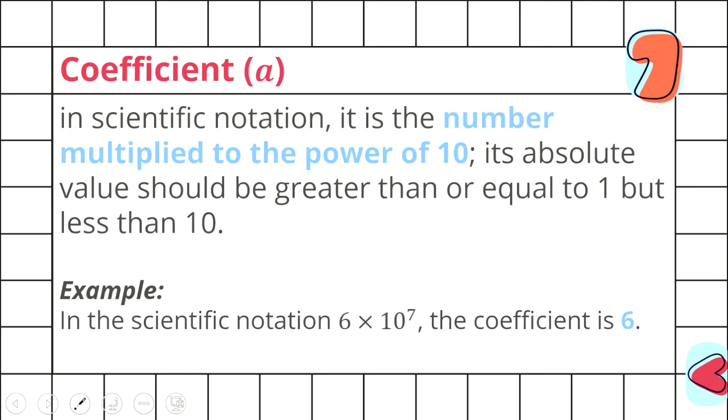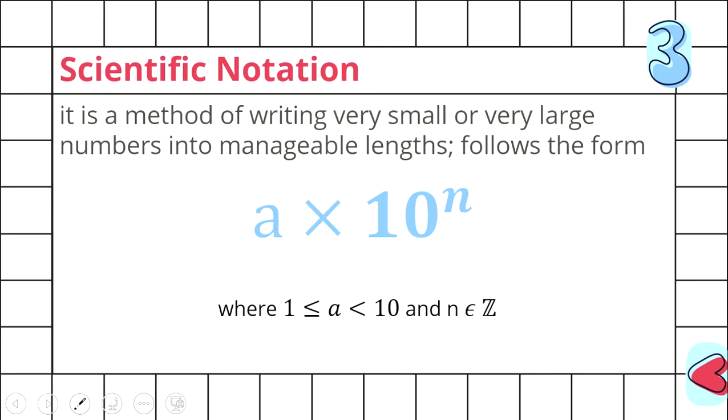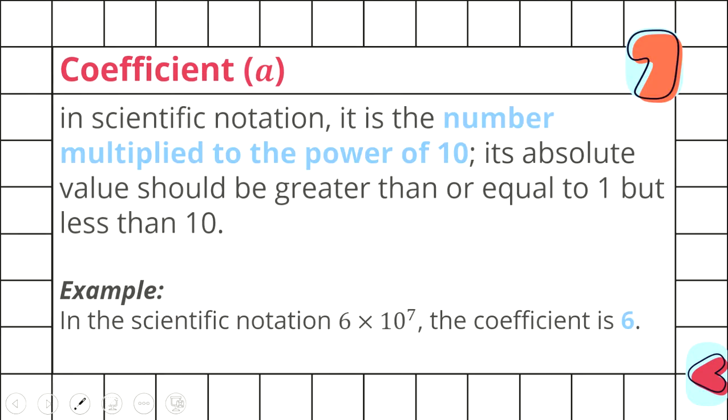Before we convert, class, let us know first the meaning of the coefficient, or our a. Remember, we have this form a, so what does it mean? In scientific notation, it is the number multiplied to the power of 10. Its absolute value should be greater than or equal to 1 but less than 10.